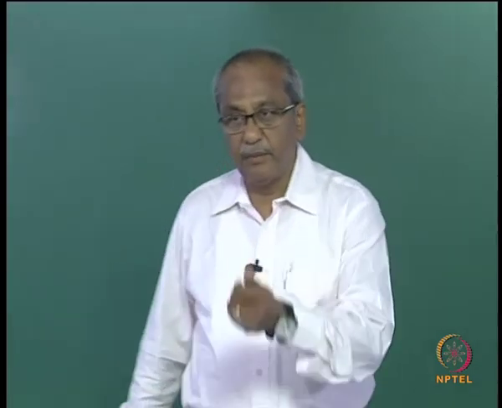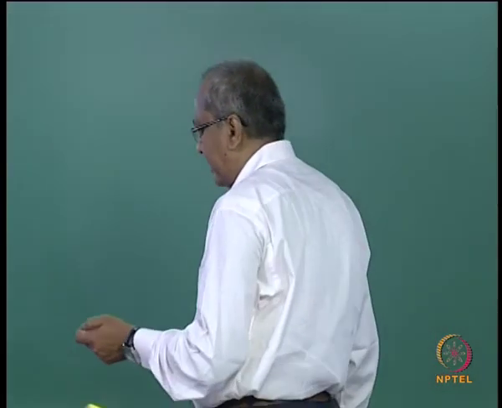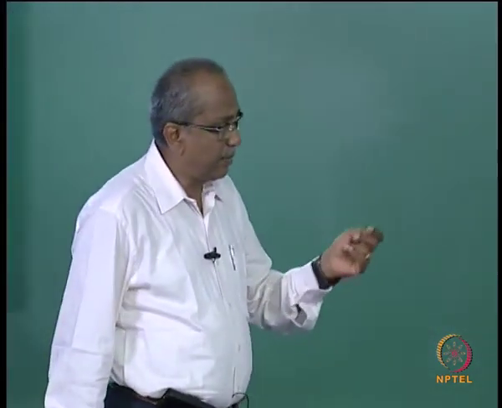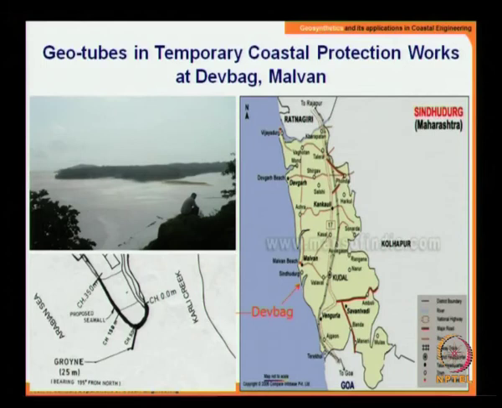Earlier there used to be steel ropes, galvanized steel ropes, but this was not so successful. So they now have polypropylene ropes which are quite effective. So this is yet another location, the location is shown here.